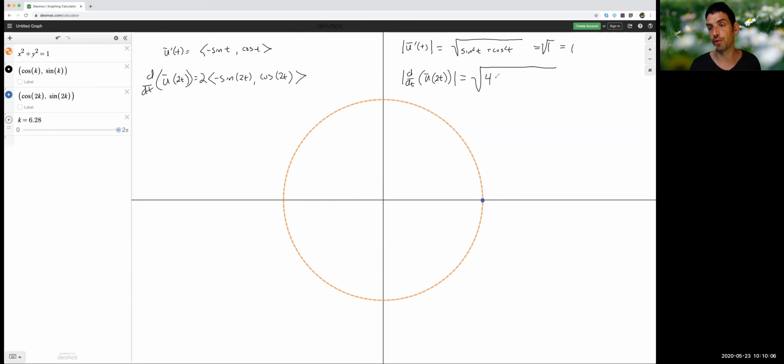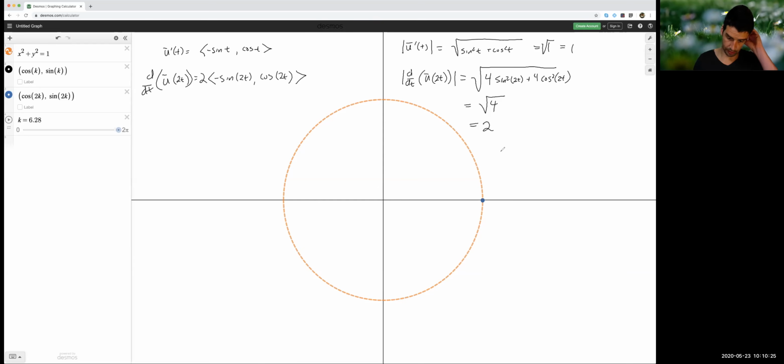So we'll end up with the square root of 4 sine squared of 2t plus 4 cosine squared of 2t, which is just equal to the square root of 4, or 2, right?